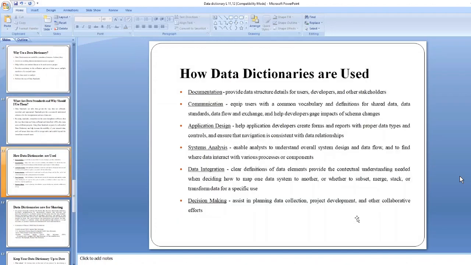Now, how data dictionaries are used. Now, data dictionary we have understood. Now, how it would be helpful, how we can use them in different ways. The first thing we'll be talking about is documentation. It would provide the data structure details for users, developers, and other stakeholders. Okay, so documentation.